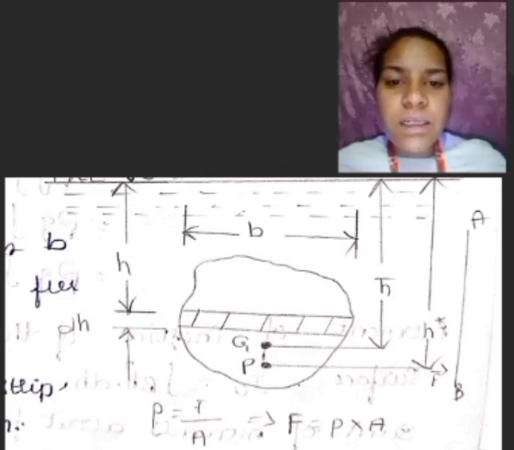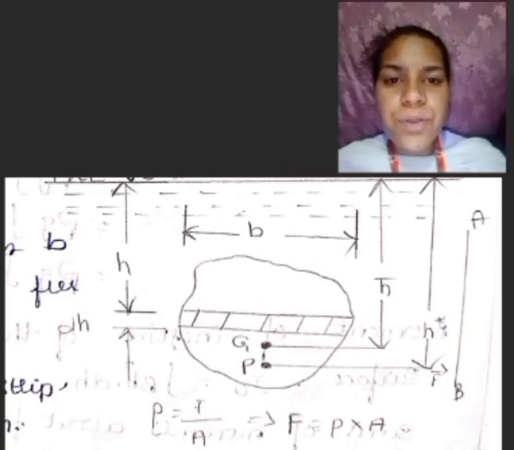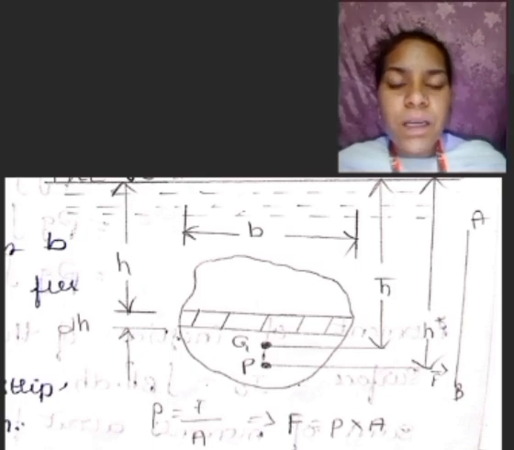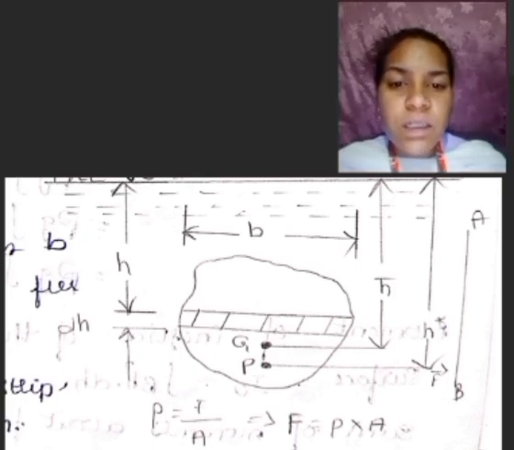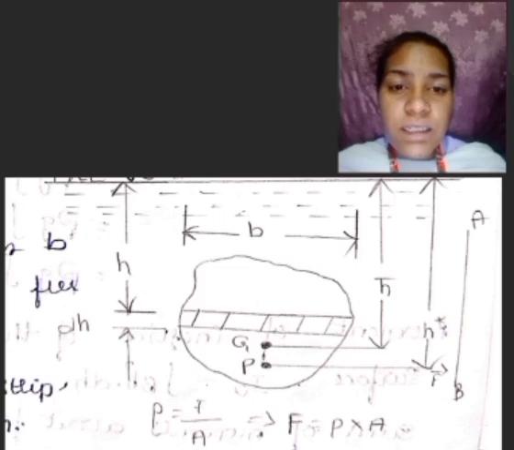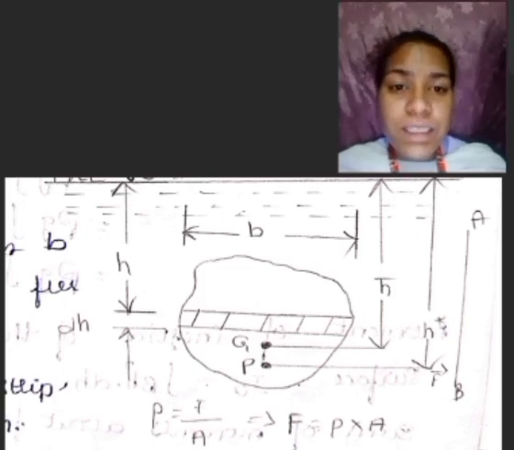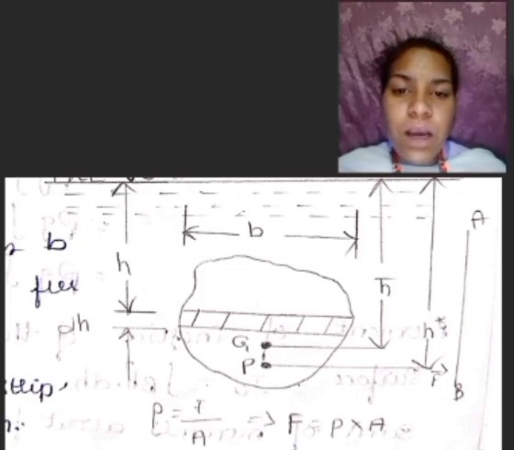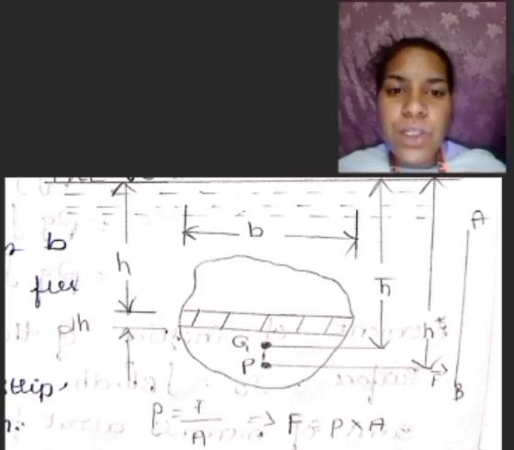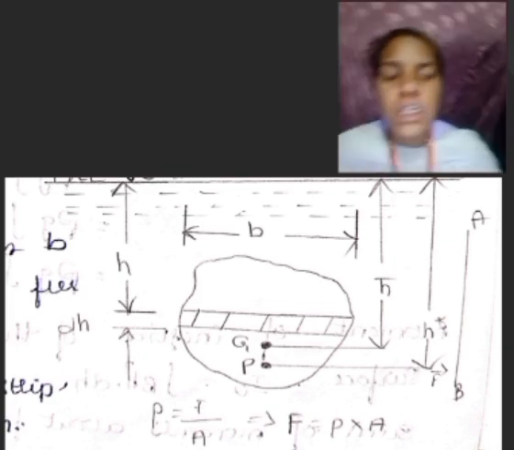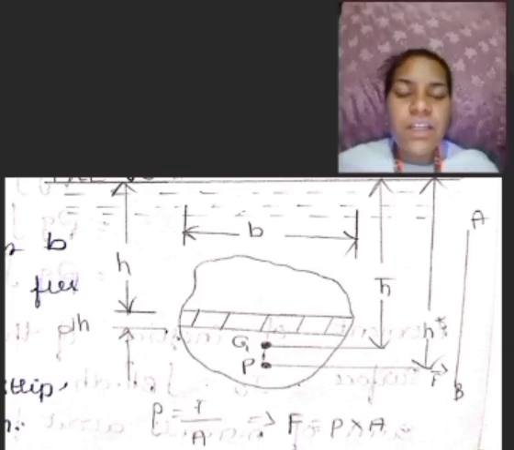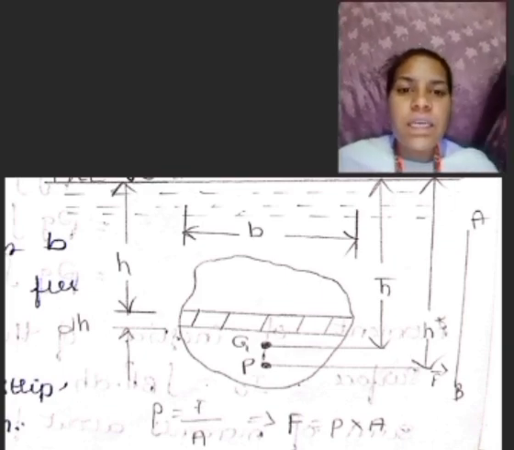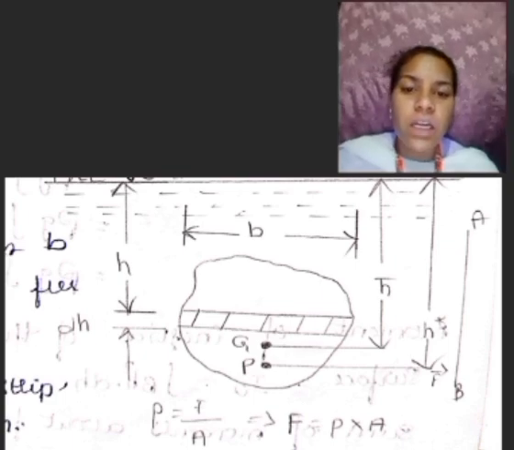In this figure, we have to see the distance between the center of gravity H star and the center of pressure H dash, at height H.